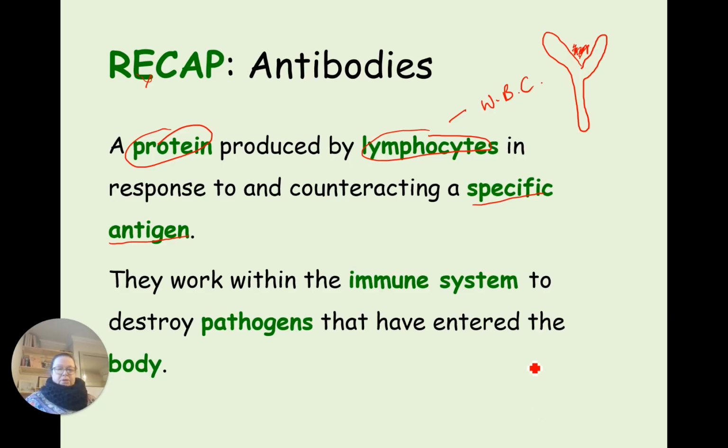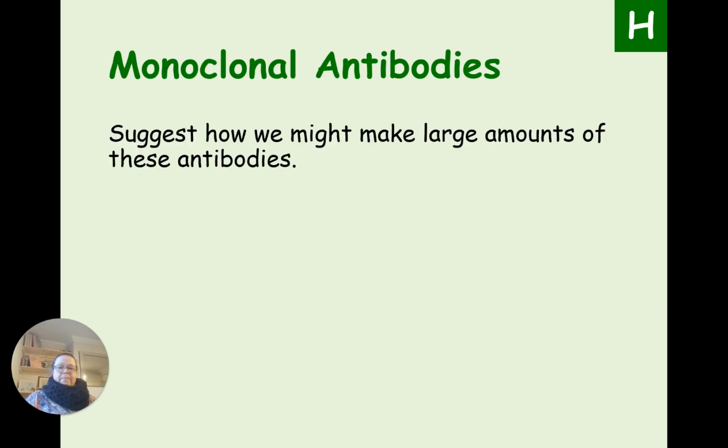So if we had a pathogen down here, let's imagine a bacteria or a virus, the antigen might be this shape with the pointy bits, and the antibody maybe this shape. They fit together really nicely. They are complementary shapes.